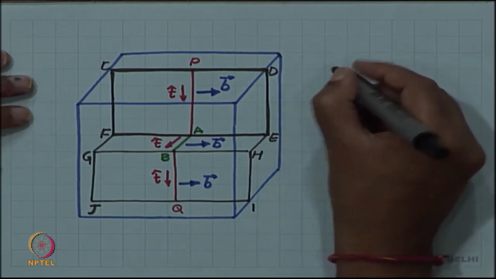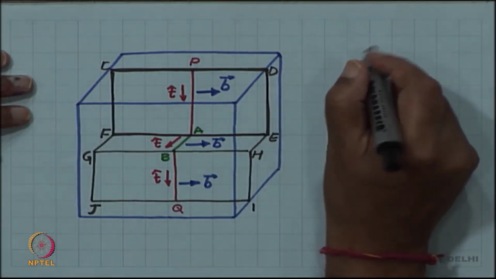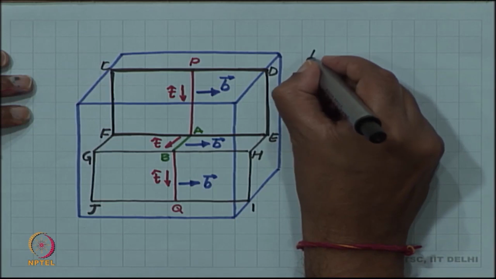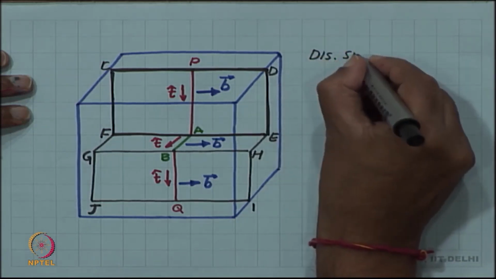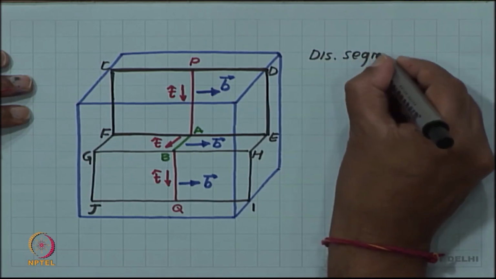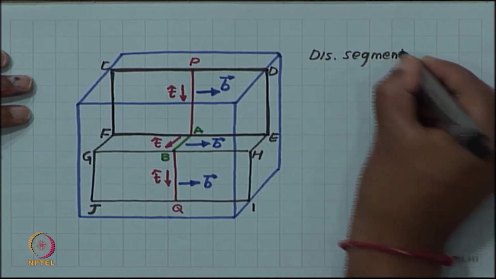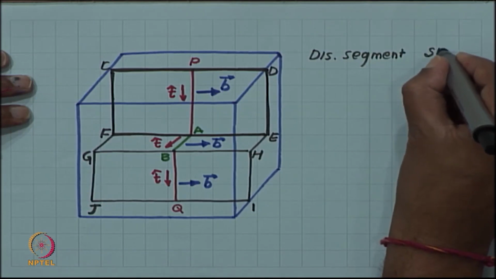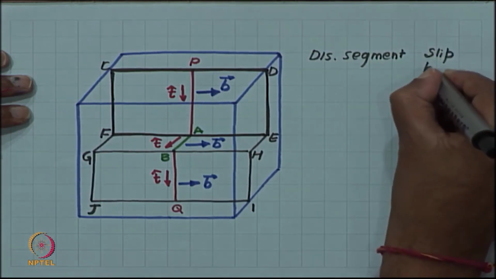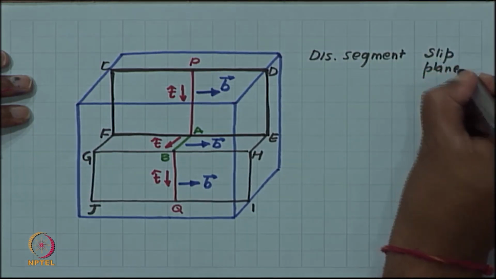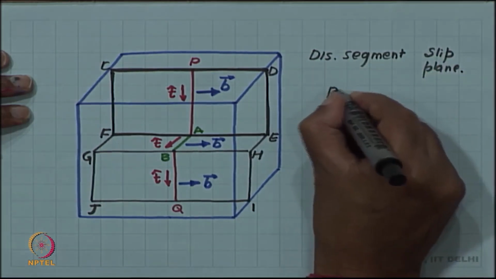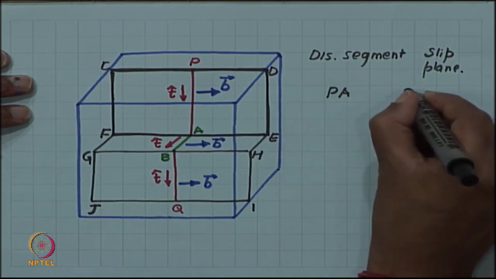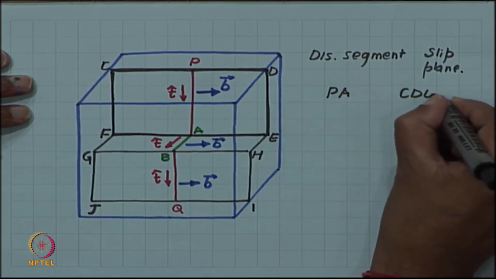So, let me write down the dislocation segment and the slip plane. For the dislocation segment PA, the slip plane is CDEF.